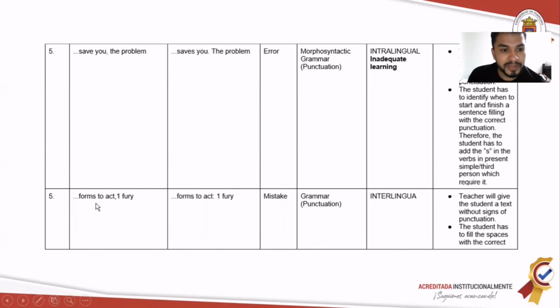And in this last explanation, it is a grammar mistake, punctuation indeed. This mistake is probably related to the student's mother tongue. In the remediation, the teacher will give the student a test without punctuation signs, and the student has to fill the spaces with the correct ones.